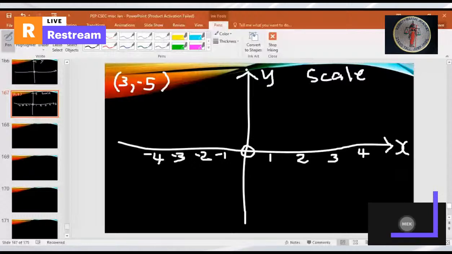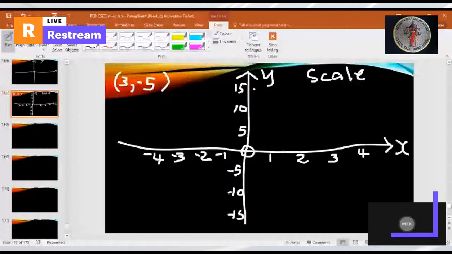Going up by 5: 5, 10, 15, and below that we would have negative 5, negative 10, negative 15, and so on.